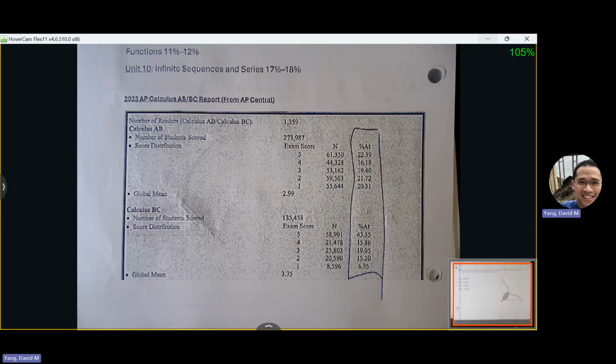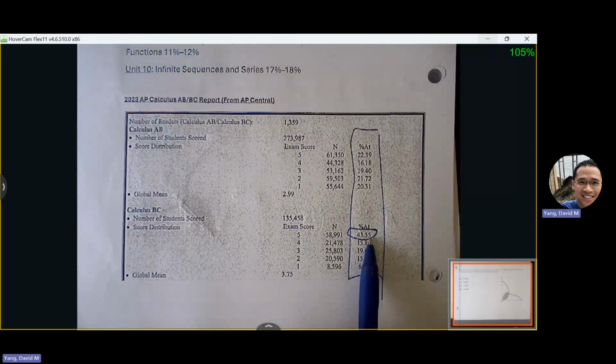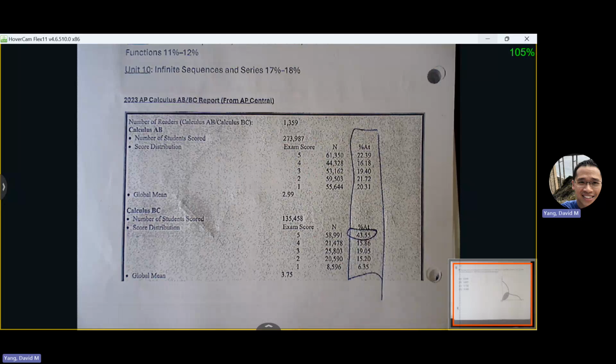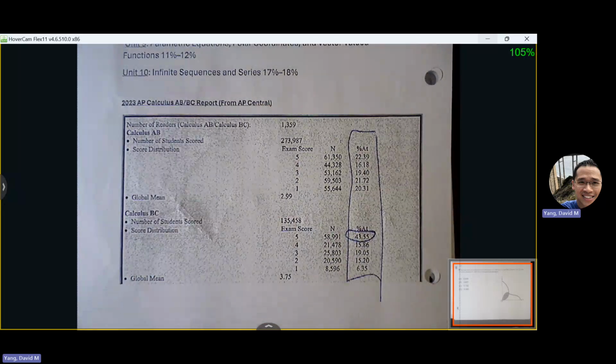But you can tell that on the BC exam, there's a much higher rate of earning 4s and 5s, almost 50% of students get 5s, and very few students get 1s. So that's expected, right? BC students tend to have taken AB before, or they're coming in better equipped.